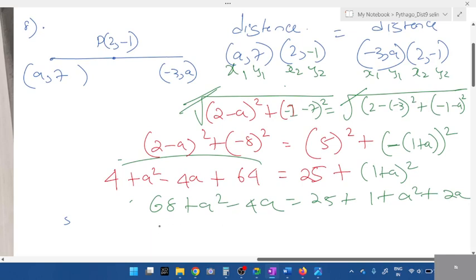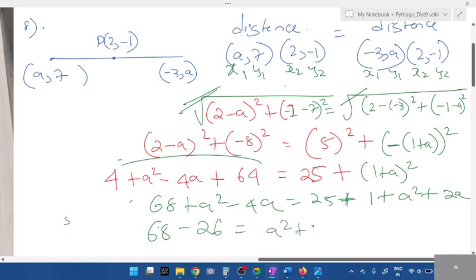Be quick, students. Here 68. Shift the numbers to the other side. Keep 65 here. 25 this side becomes, and we have, what is 25 plus 1? Right hand side we have 25 plus 1 is 26. If it goes to the other side, minus 26.